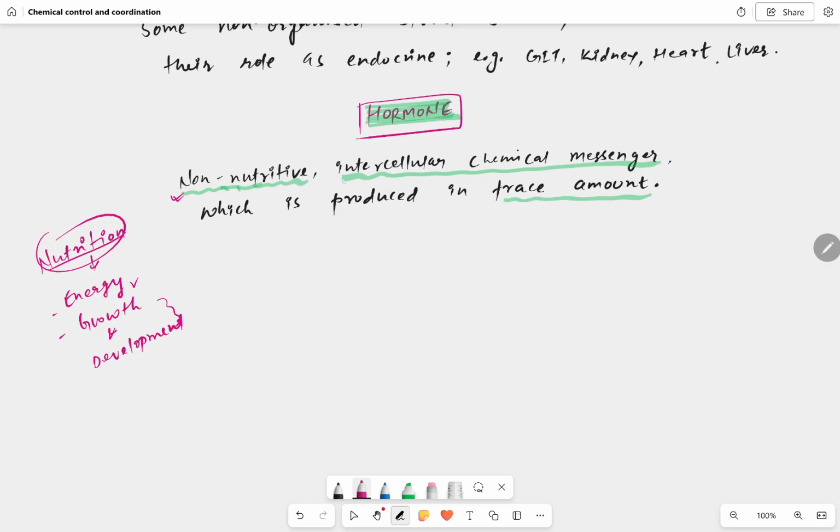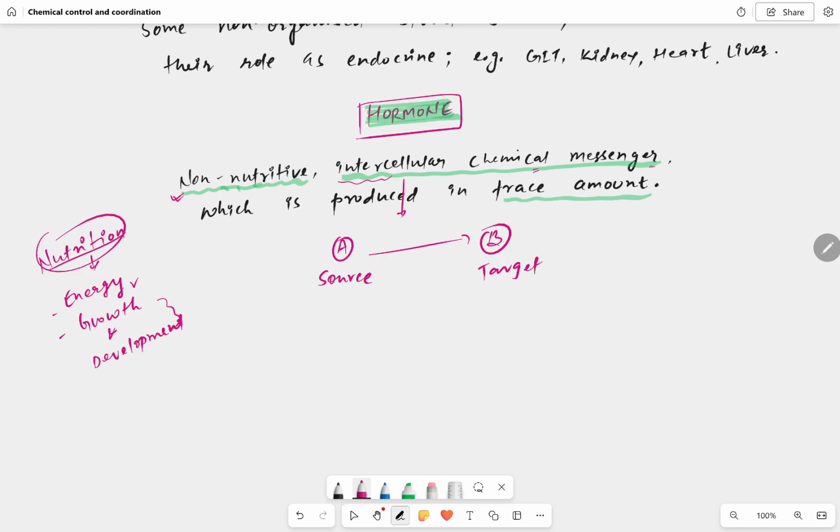Intercellular chemical messenger: the term intercellular is not intracellular. Intercellular means that if it is secreted from cell A, it will target cell B. This is our source and this is our target. That is why we say intercellular chemical messenger: the hormone is a chemical acting as a messenger, sending signals from A to B, targeting cells other than its secretion site.